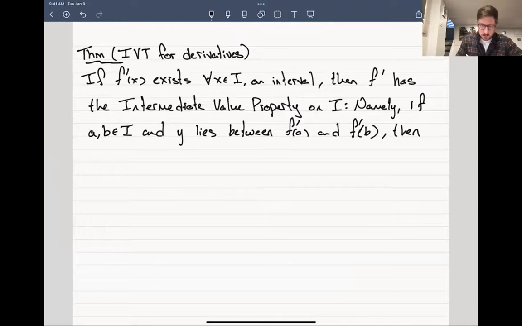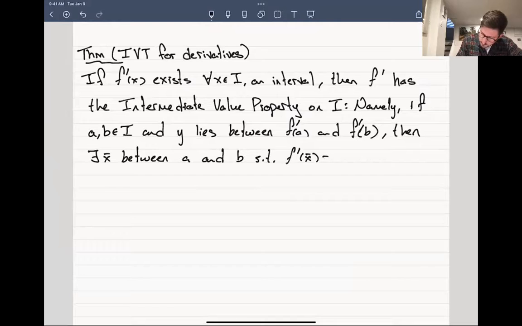Then there exists an x bar between a and b such that f prime of x bar is equal to y. Okay, so basically this shows you that if your derivative exists for all values, then it has the intermediate value property, right? It hits everything in between any 2 points that you can find in the range here.